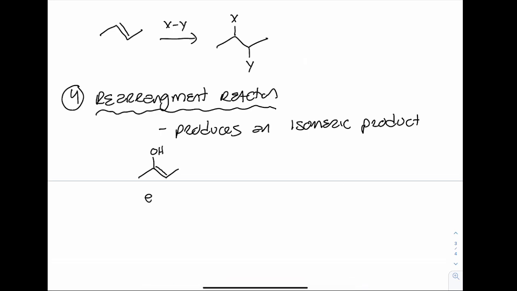So we actually call this an enol. So when we name molecules, our alkenes are going to end in ene, right? Our alkanes ended in ane. Our alkenes are going to end in ene. And then alcohols end in -ol. So because I have on the same carbon an alkene and an alcohol, we can call it an enol. So this carbon has both. Be really careful.